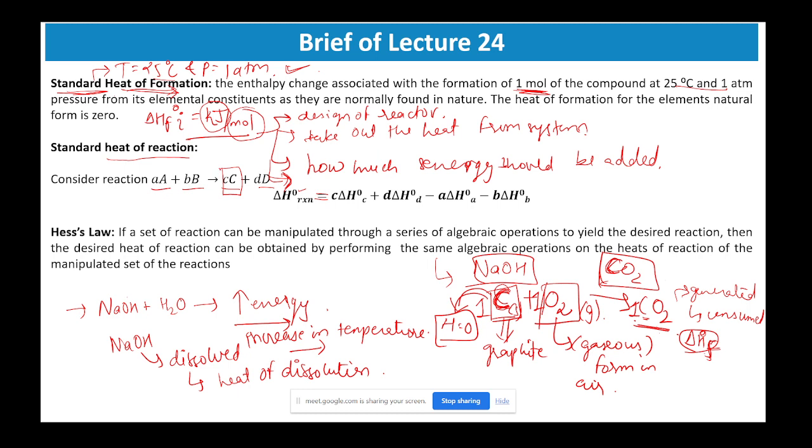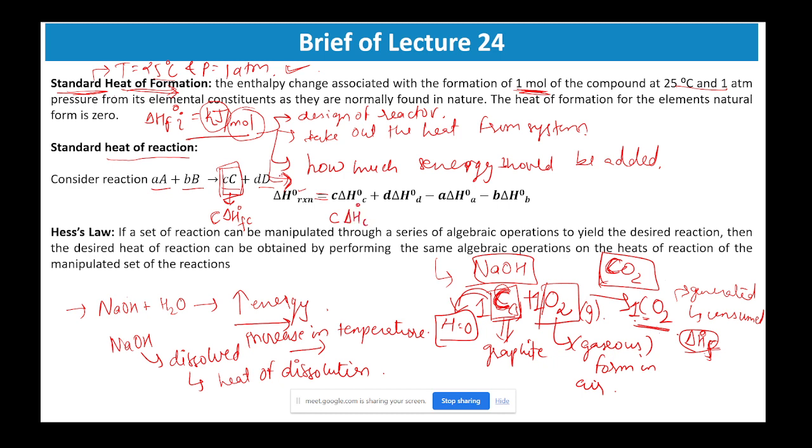So if I have c moles of C, and C has delta H F C naught, this is the standard heat of formation for C. So if I have c moles of such a component C, then c into delta H C naught has to be done.